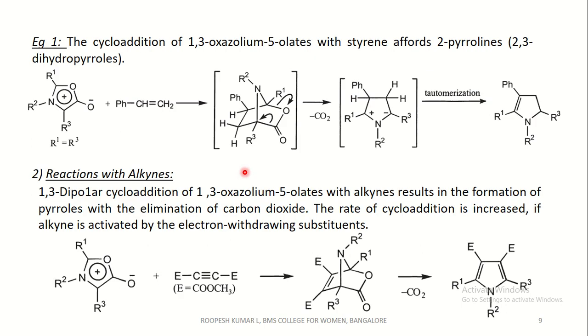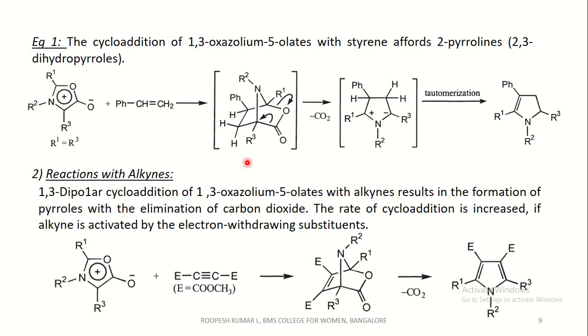Coming to example 1, the cycloaddition of 1,3-oxazolium 5-olates with styrene affords 2-pyrrolines. This is 1,3-oxazolium 5-olate. This is the dipolarophile, styrene, which forms a bicyclic adduct. The negative charge shifts here to form a double bond. This double bond comes and attacks here, and this double bond goes and attacks here, which possesses a positive charge.